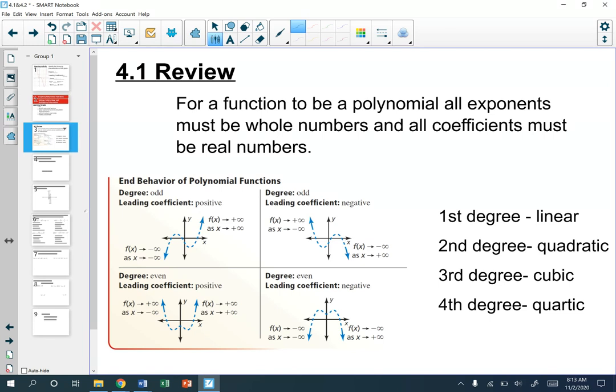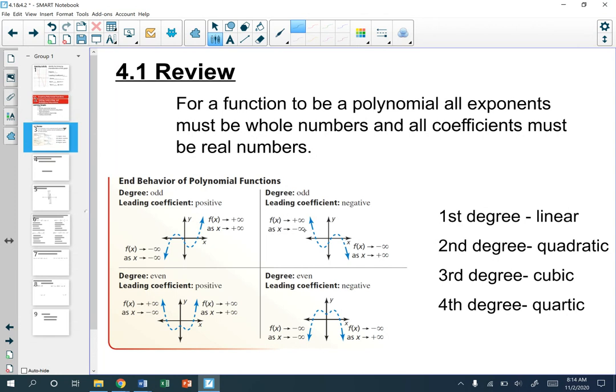And then it flips for a negative odd degree polynomial. So it either starts with that negative slope or ends going in the negative direction. And then make sure we take note of those end behaviors too. For a positive, we have f of x goes to infinity as x goes to infinity, and f of x goes to negative infinity as x goes to negative infinity.